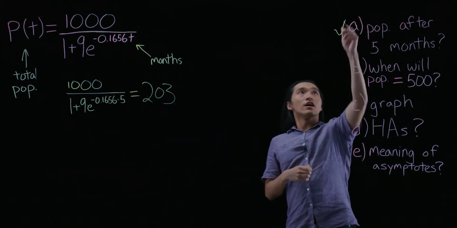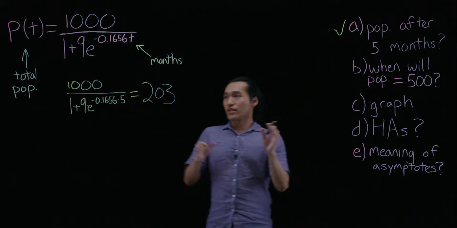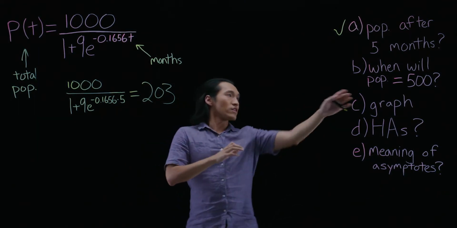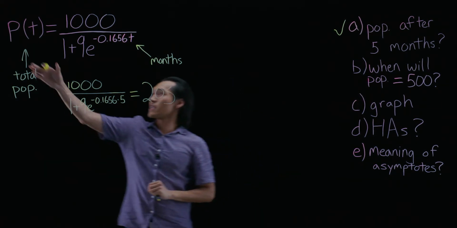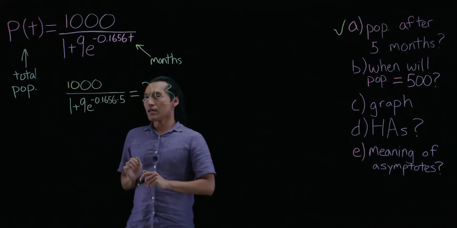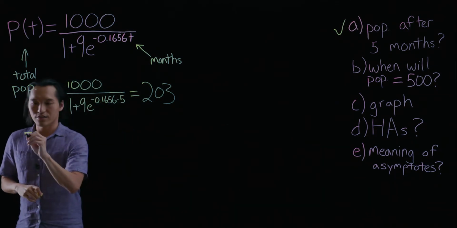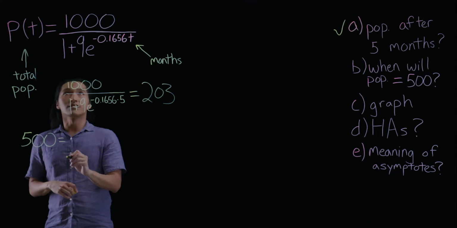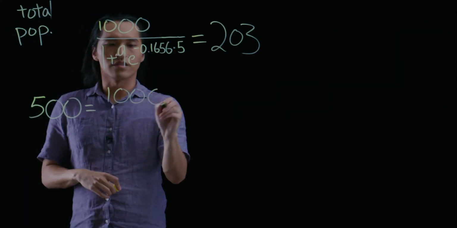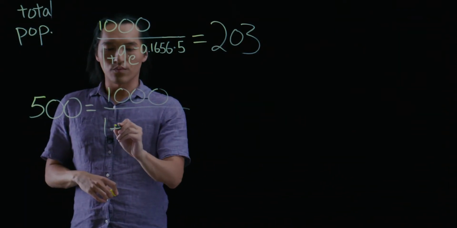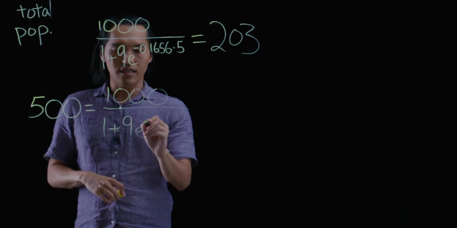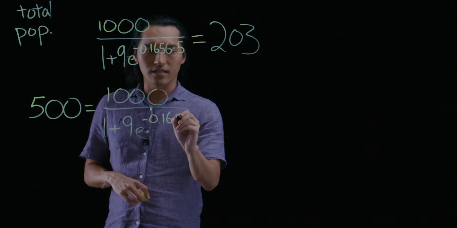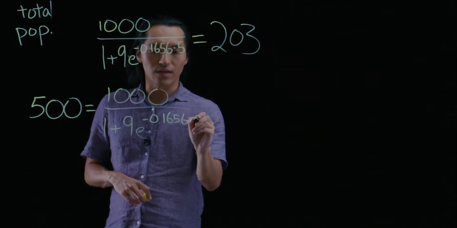Now, secondly, they're asking, when will the population equal 500? So now we're solving this backwards. They want us to take the 500 and plug it in to P of T, meaning the equation is going to look like this: 500 is equal to 1,000 all over 1 plus 9 times e to the power of negative 0.1656 times t.